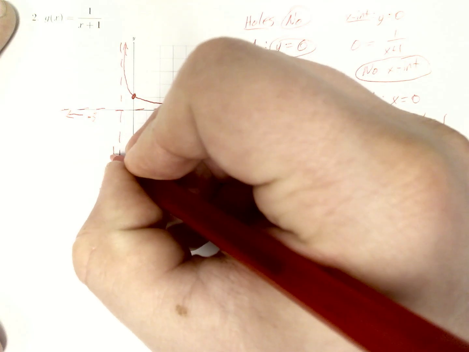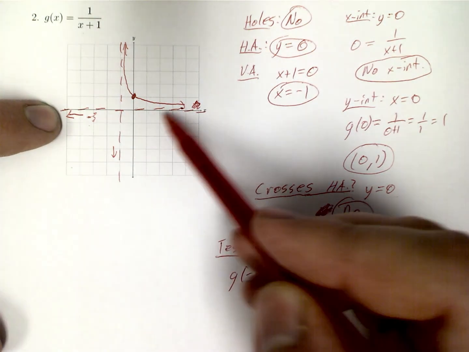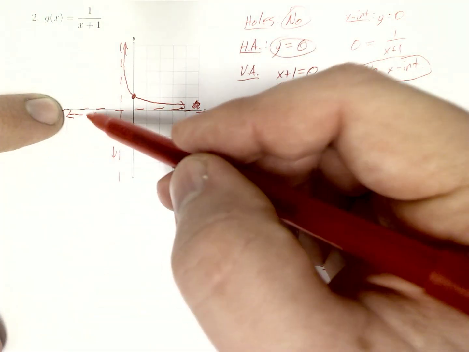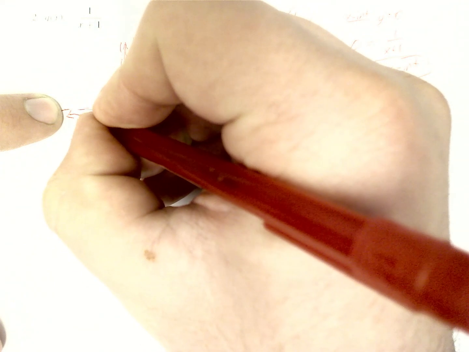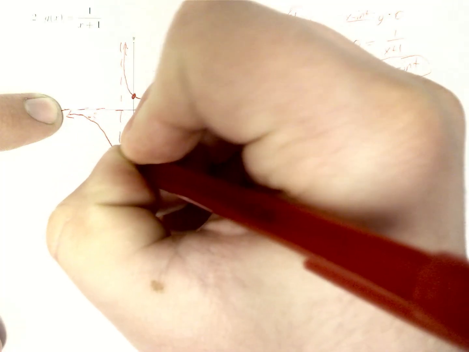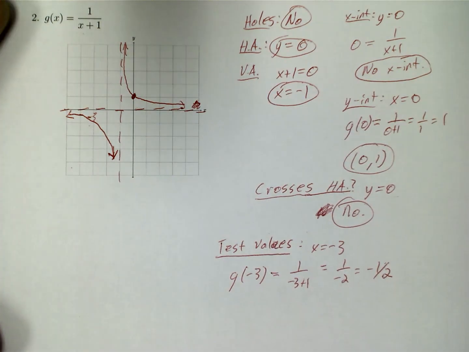So we must have something of this form. It can't cross the horizontal asymptote because we said it doesn't. So it must be entirely down here. And we get something like this. So this is what this graph looks like. This concludes this lecture.